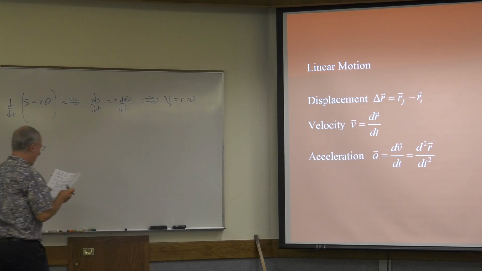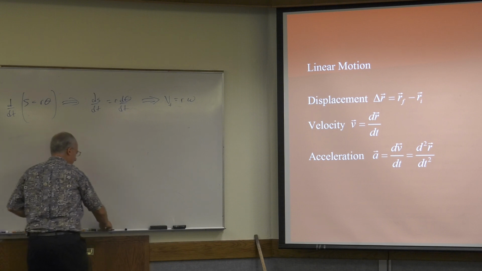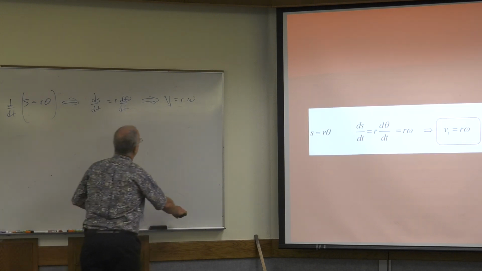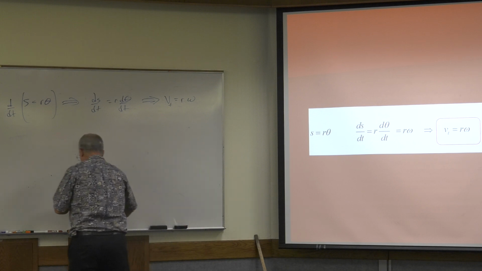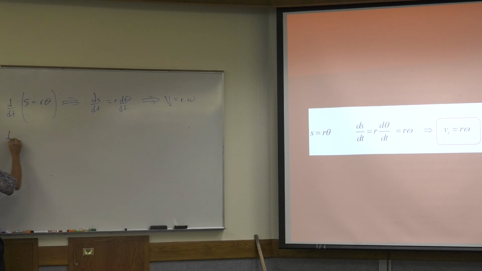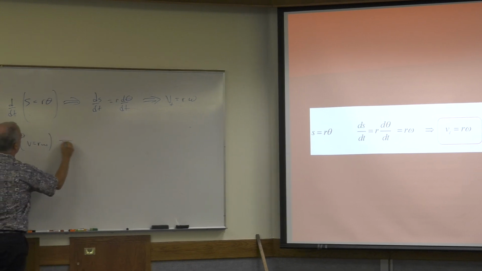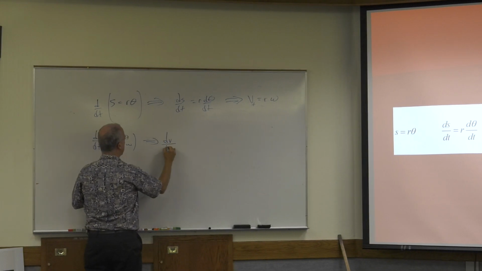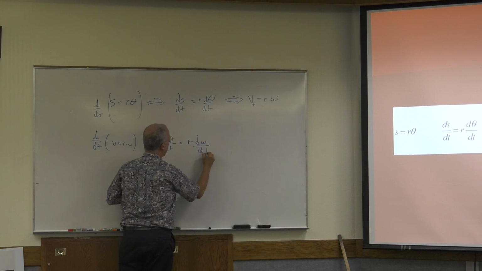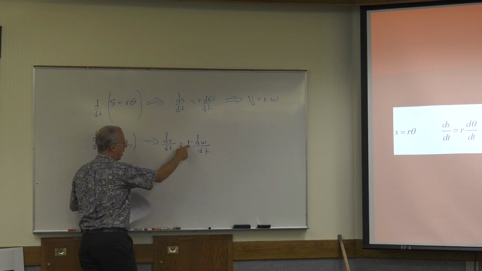Okay. Now, what I want you to do is take the time derivative of that. So you have d/dt of v equals r omega. So you get dv/dt equals r d omega/dt. Again, we don't have to take the derivative of r because it's constant.